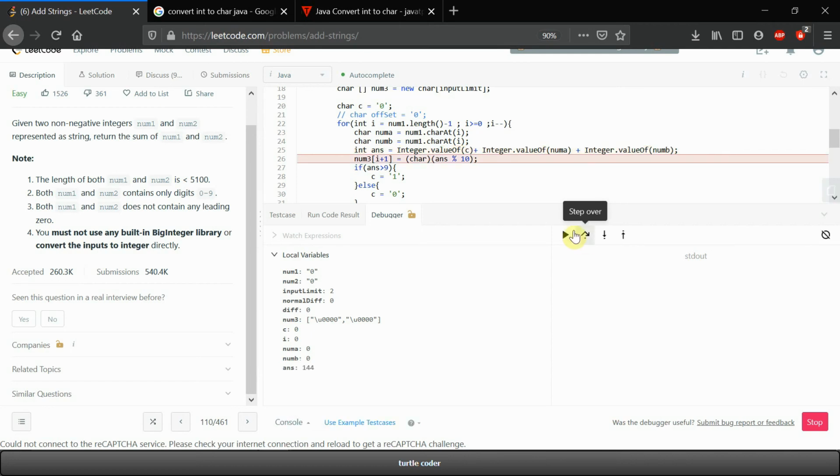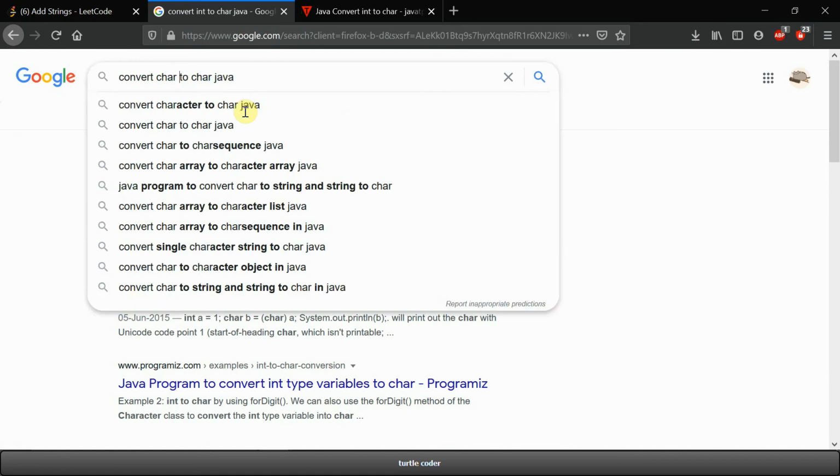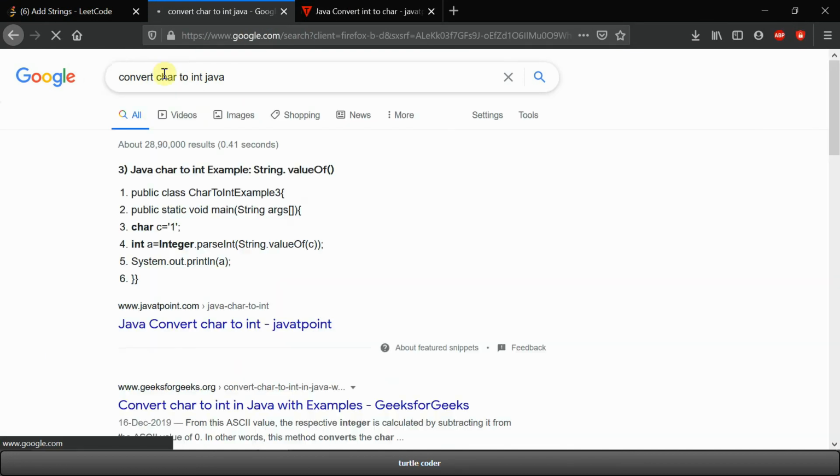Oh god, my answer is 144. There is some problem over here. Character to int. Integer dot parseInt.